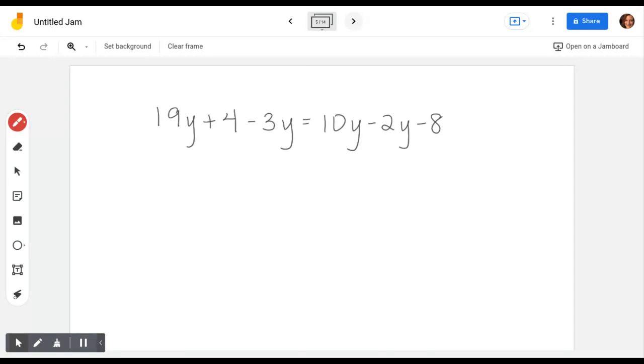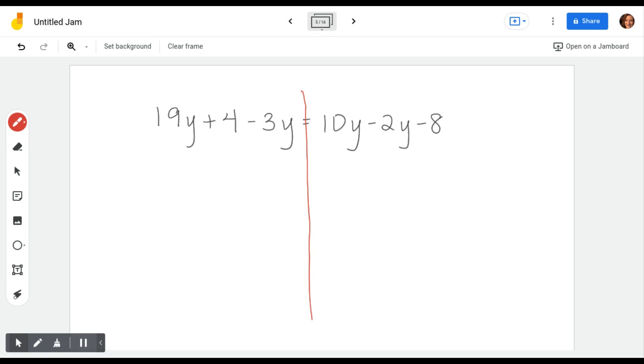Let's try another. So this one looks a lot bigger, a lot more intimidating and complicated. But like I mentioned before, we're going to separate this into a left side and a right side. If you have like terms on the same side of the equal sign, then you're going to simplify. Same side simplify, same side do the same operation that it currently shows.